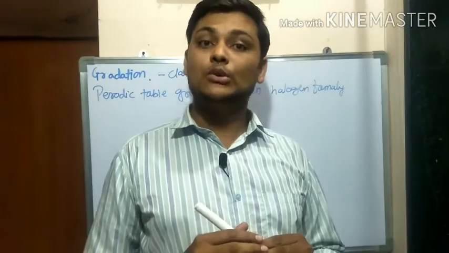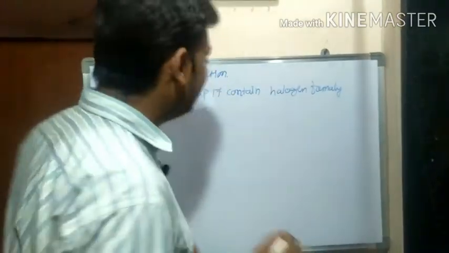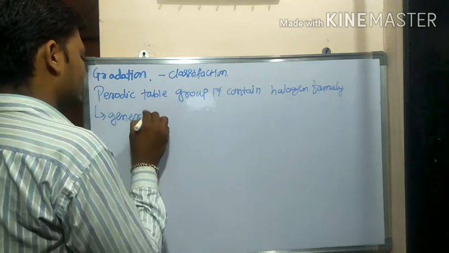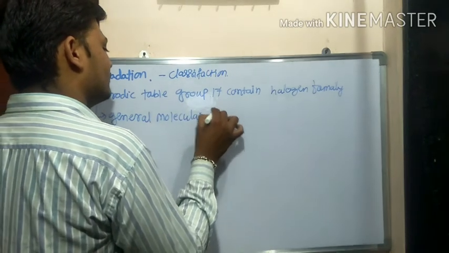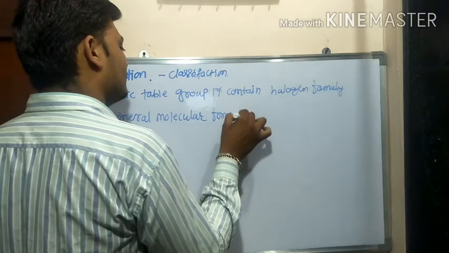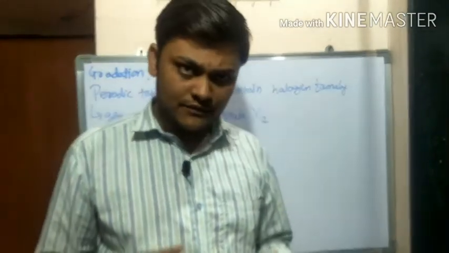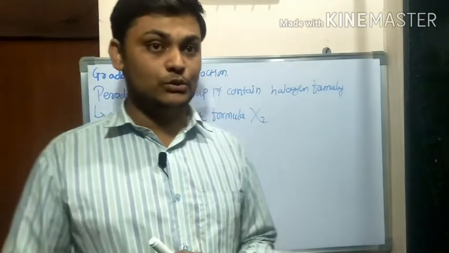Halogen family means those elements all have a similar general molecular formula, that is X2. So gradation is observed in the physical state down the group.